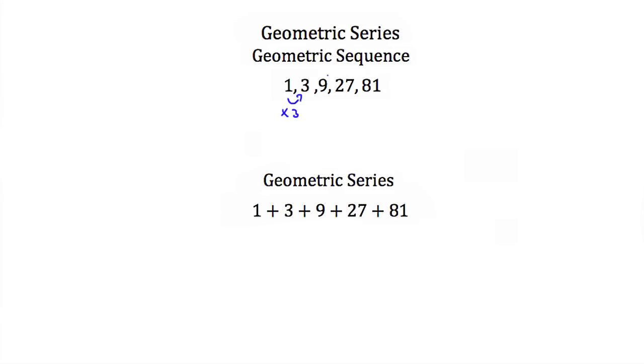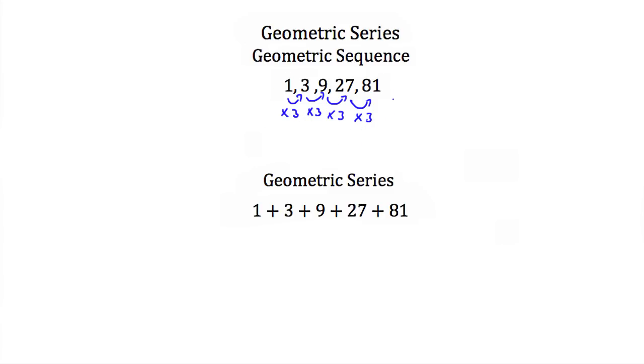Now if I wanted to find my third term, I would take my second term, 3, and I would multiply that one by 3, and I would get my third term, 9. To go from 9 to 27, I would take 9, and I would multiply that one by 3. And to go from 27 to 81, again, I would multiply my fourth term, 27, by 3 to get my fifth term, 81.